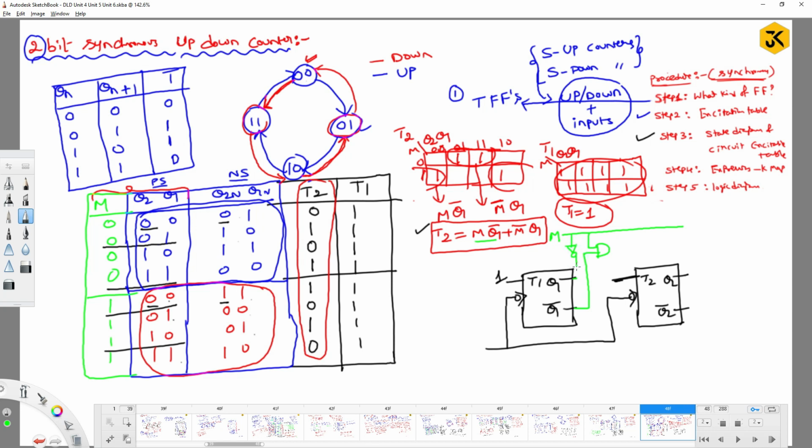You will get M bar, then you can go with Q1, M bar Q1, finally you got. Then you have to use an OR gate that should be connected to T2, right? So this is the corresponding diagram which will give the 2-bit synchronous up down counter. Synchronous up down counter. I hope you understood clearly. Thank you.